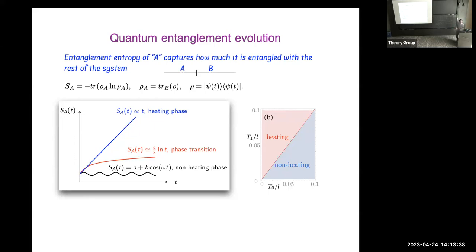What is this omega in the non-heating phase? Oh, you mean this omega, right? Yeah. This omega is very, very interesting. For example, when you drive the system very, very quickly, which means you are in the high frequency limit, this omega is independent of your T0 and T1.